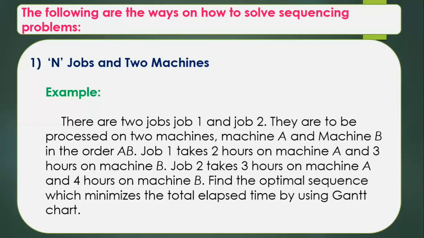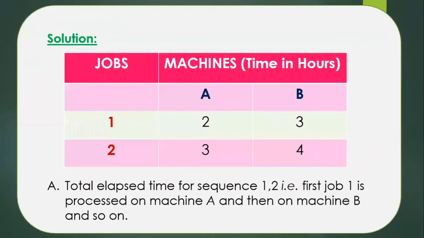Now, if we try to tabulate our problem, this will be our tabulation. Okay, this is how the tabulation looks like. So we have 3 columns. We have columns for the job, and we also have columns for the machines. And remember, take note that time is in terms of hours.